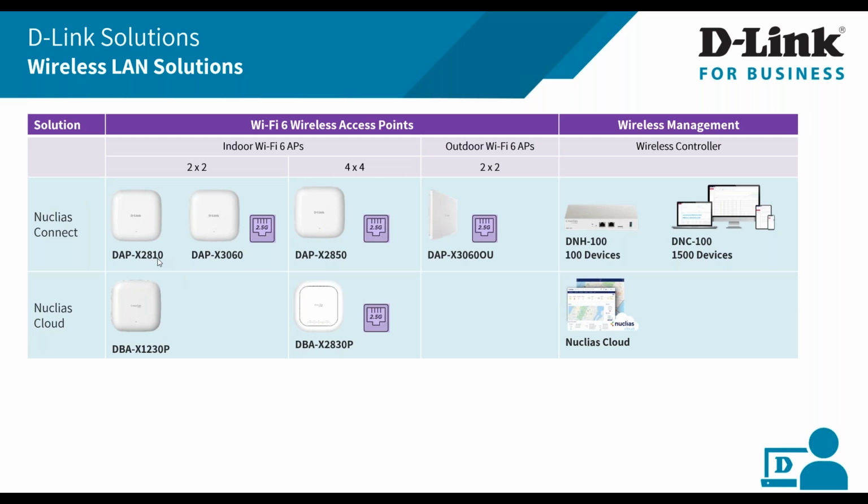It comes with a 1G backhaul port. Then we also have one more new model, DAP X3060, which is also a 2x2 model, but this supports 3 Gbps aggregated throughput. This model comes with a 2.5G multi-gigabit port, and can be suggested for medium density requirements.